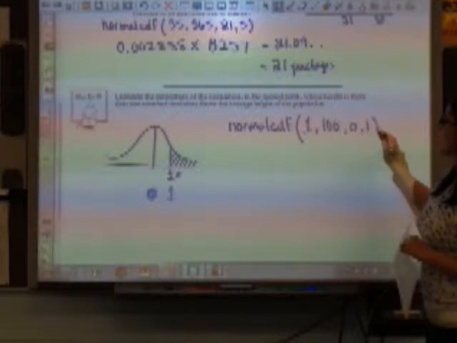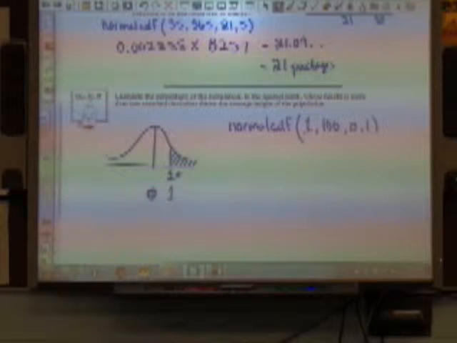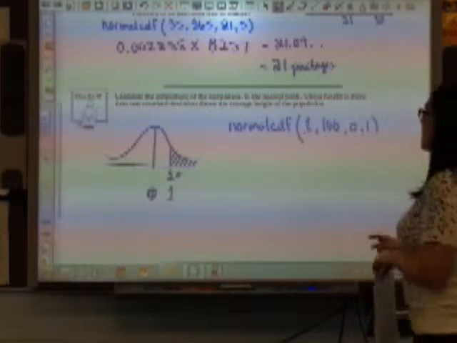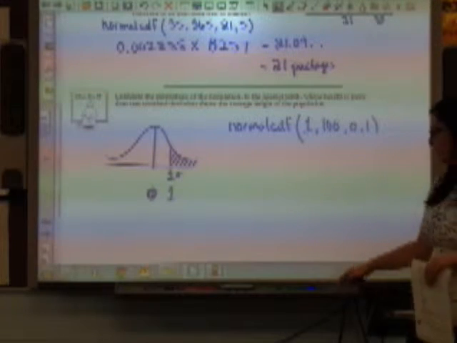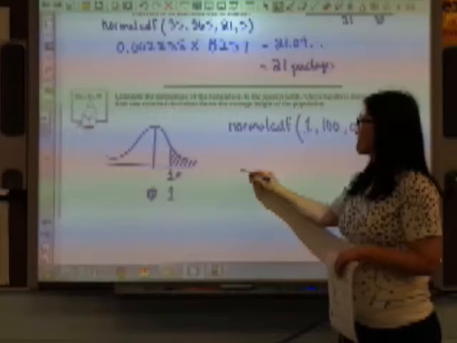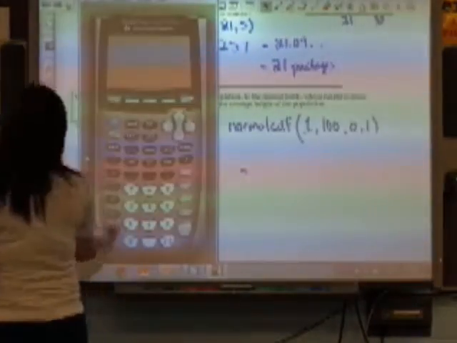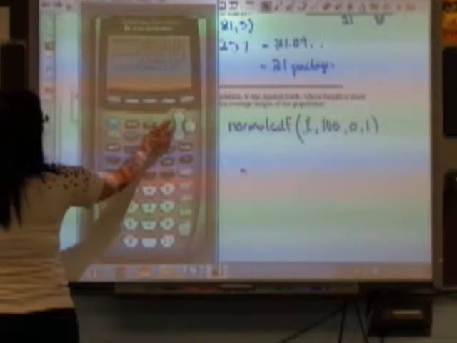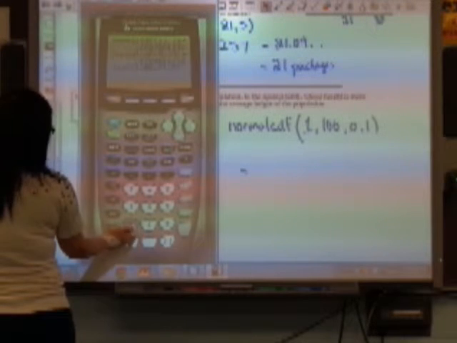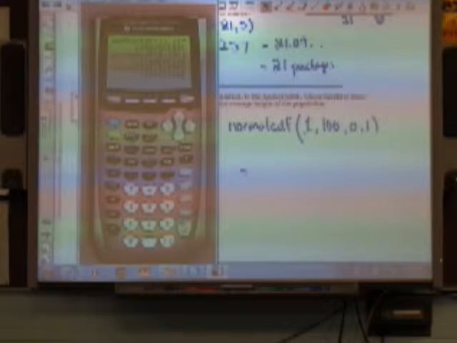Now, with this programming, I can put the 0 and 1 in, or I can leave them out. If all I put in was normal CDF 1 and 100 and pressed enter, what would I get? Let's put that in. 1, 100, 0.1586.